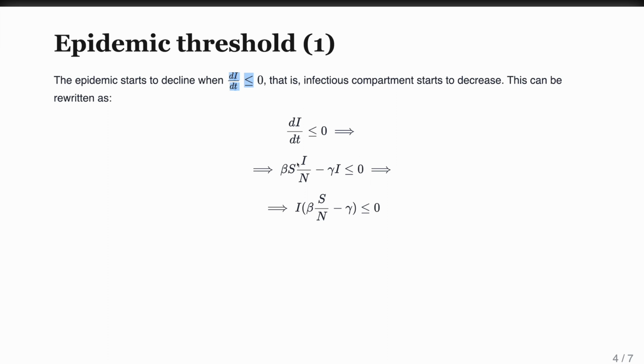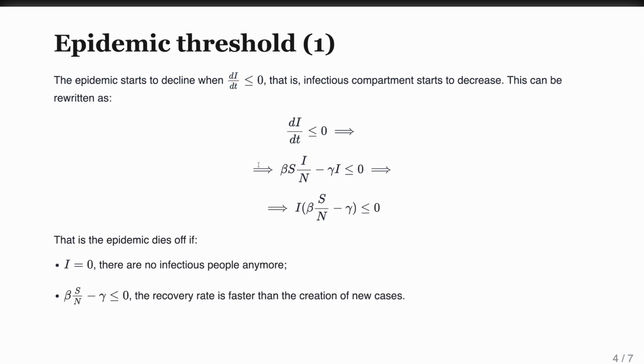After some mathematical reformulation, we can see that this situation is met with two conditions. Either when you don't have any infectious people anymore, or more interestingly, when beta multiplied by the fraction of susceptibles minus gamma is lower than zero. That is, the creation of new cases is lower than the removal of these cases from the infectious compartment.